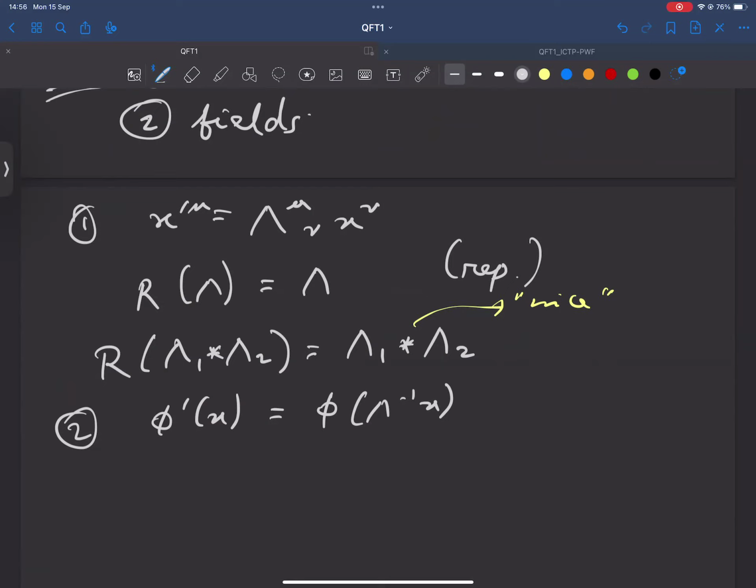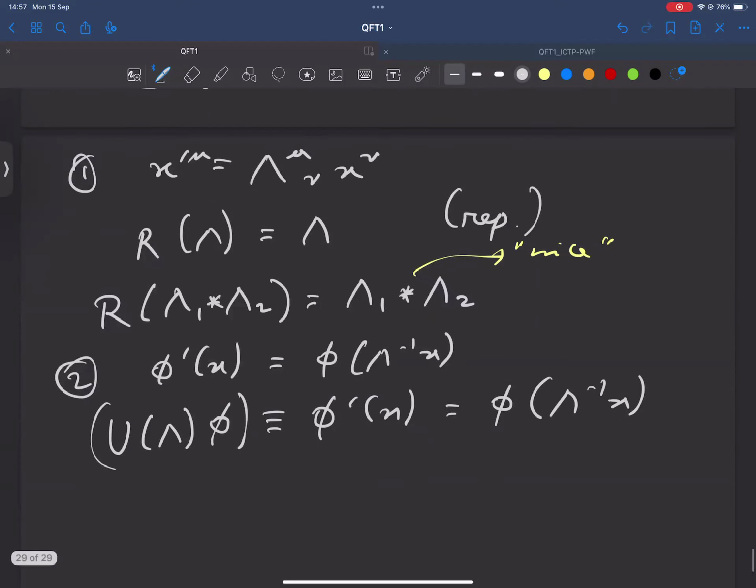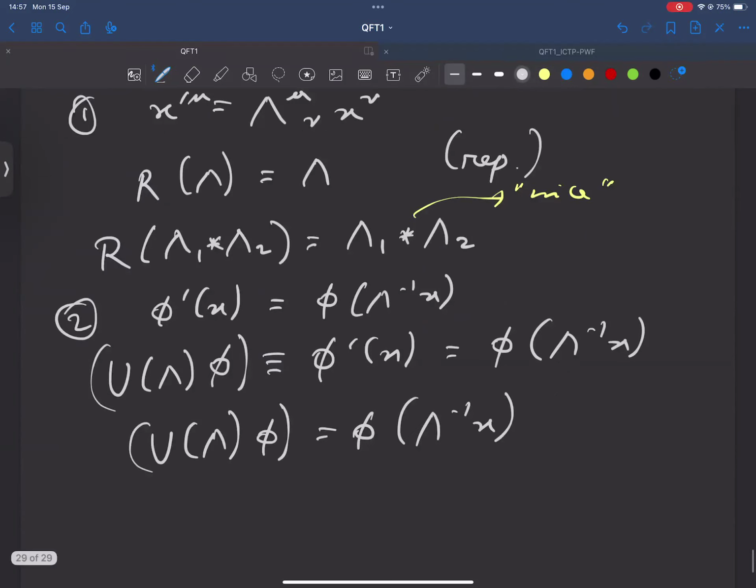So we can define something like a representation U on functions as phi prime of x that just gives you phi of lambda x. So for every group element lambda, my representation acts on the space of functions or the space of fields, and in turn gives me this. Okay, so this U lambda.